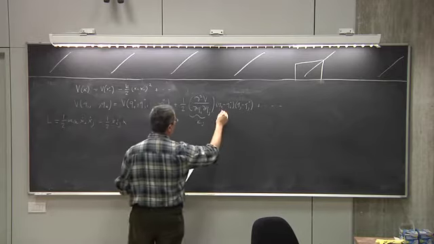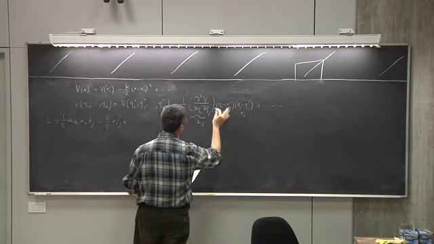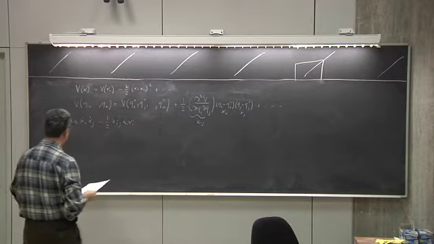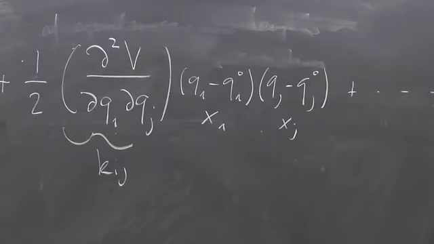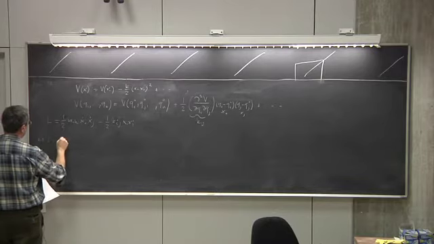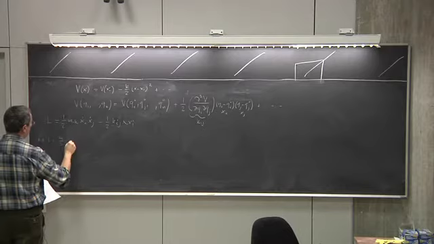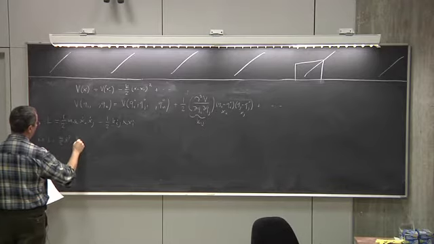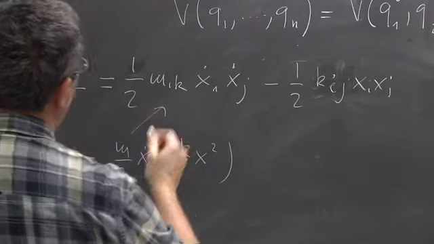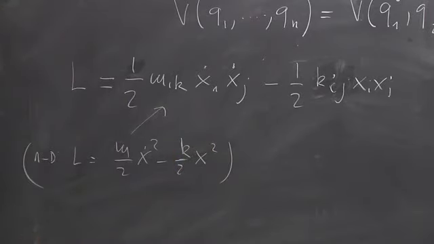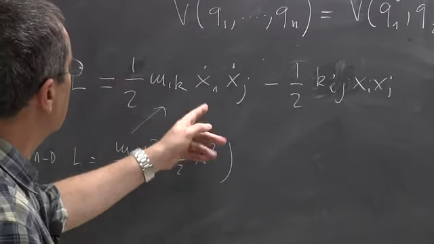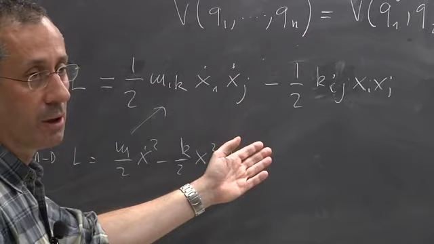So I call this xi, this xj, that is the amount of the displacement from the equilibrium position, and this is the generalization of what in 1D was m x dot squared minus 1/2 k x squared. Now, with n degrees of freedom, the generalization is this.